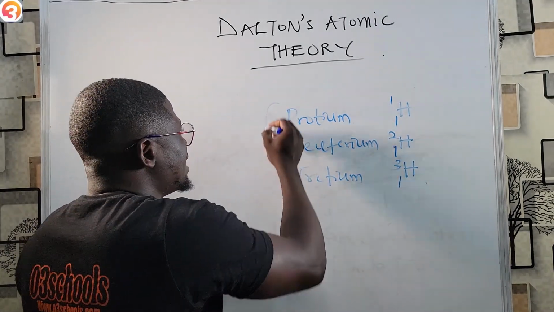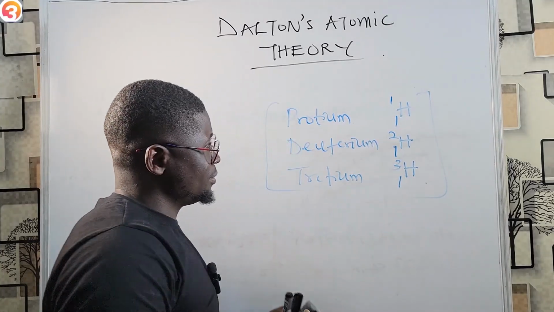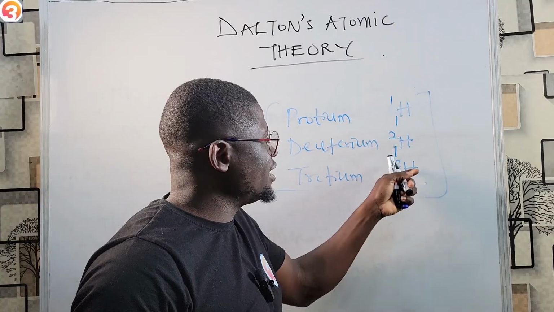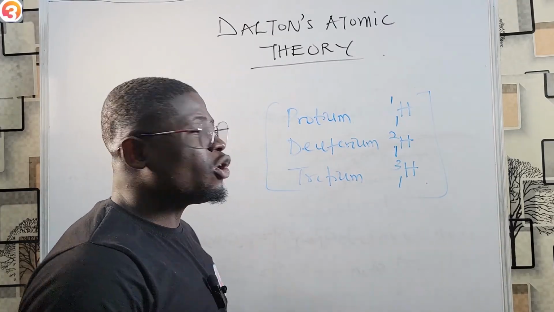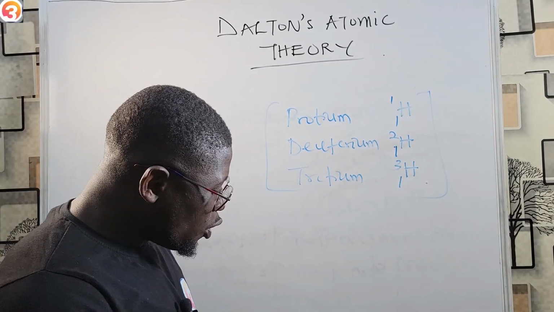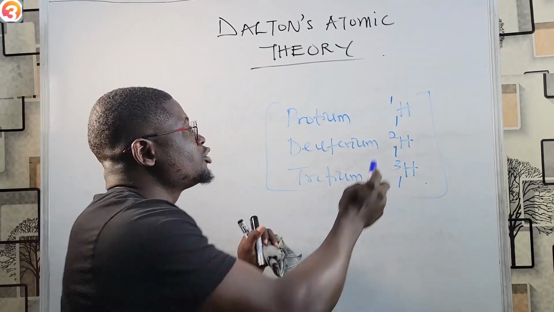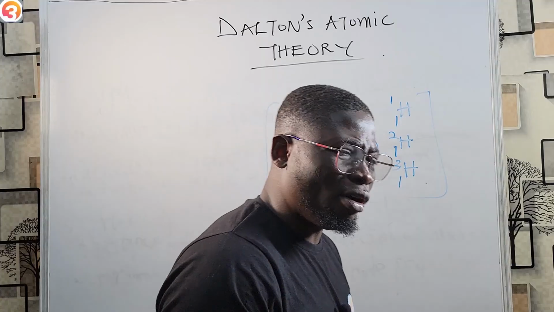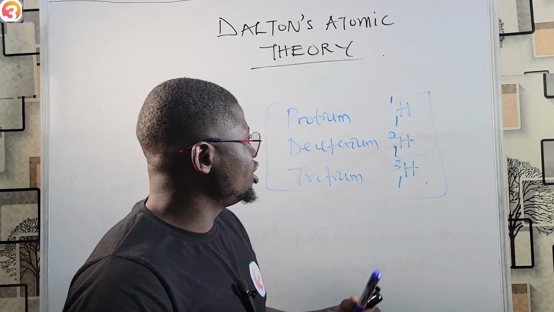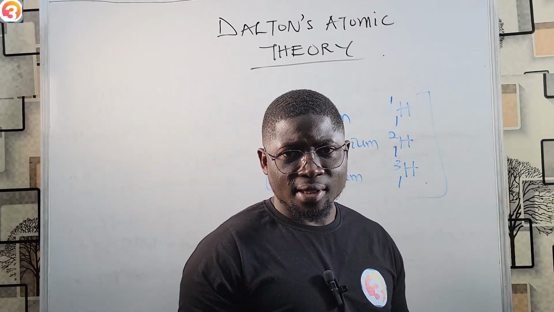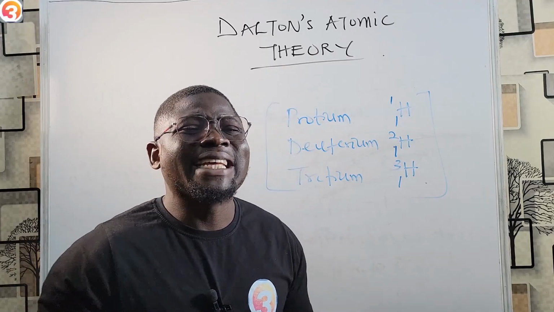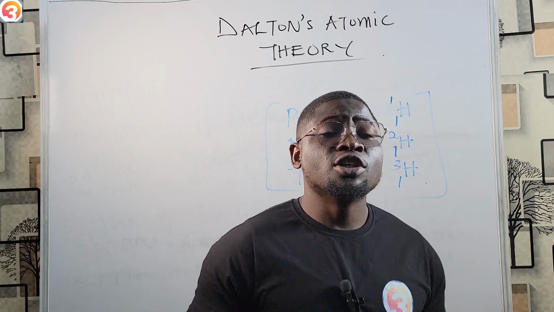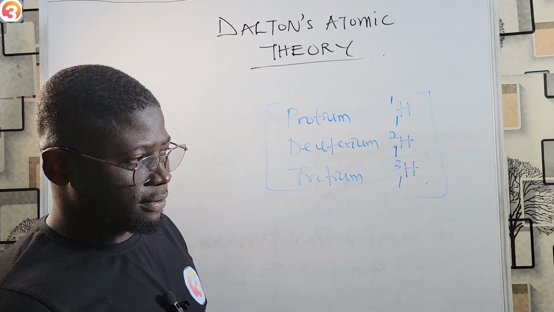So an element exists whose atoms have slightly different masses. The discovery of isotopy, a phenomenon whereby an element can have the same atomic number but different mass number, has helped modify that theory of John Dalton, that atoms of the same element are identical in all respects, having the same size, shape, structure, and especially mass.